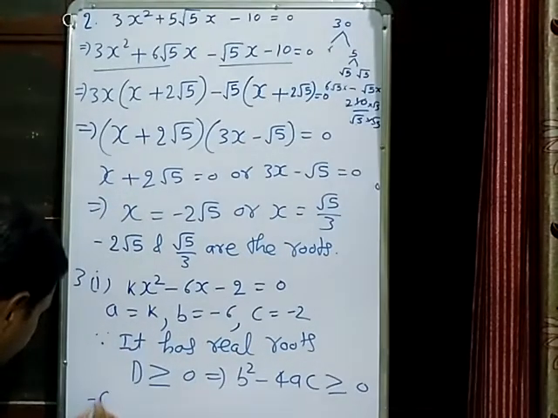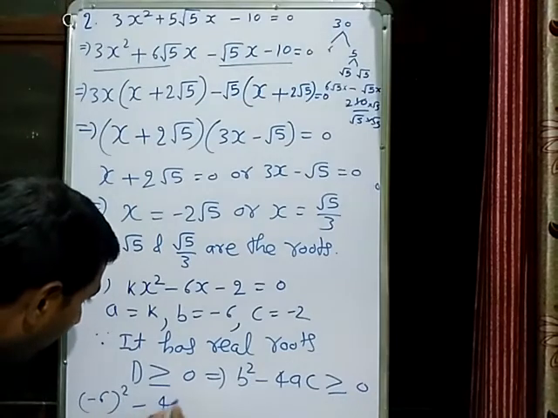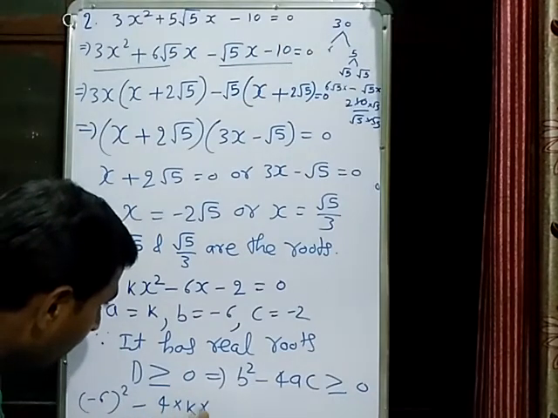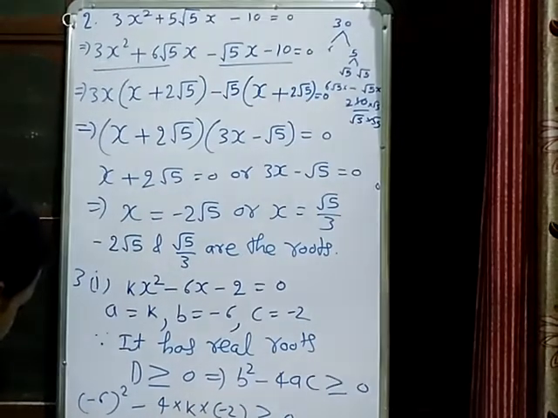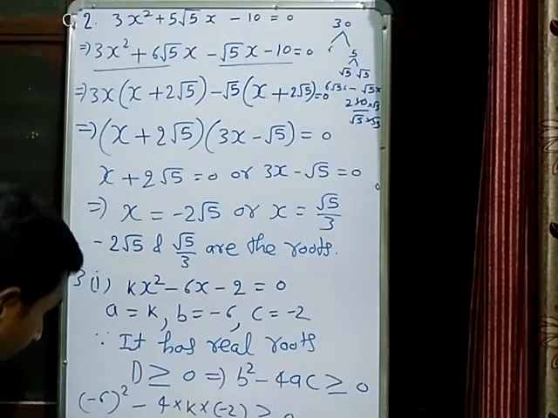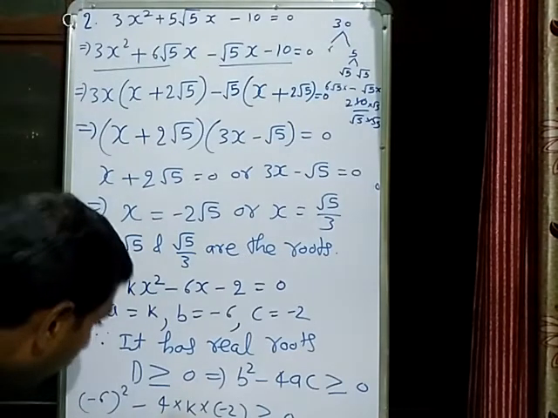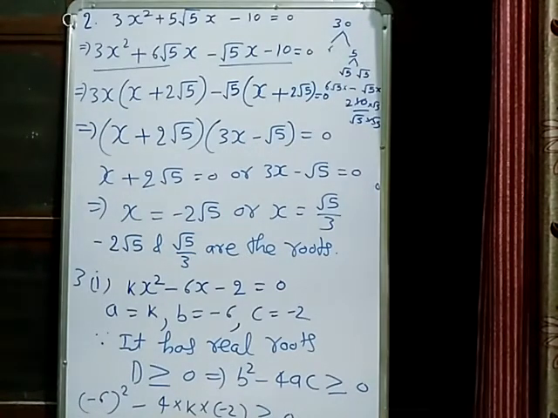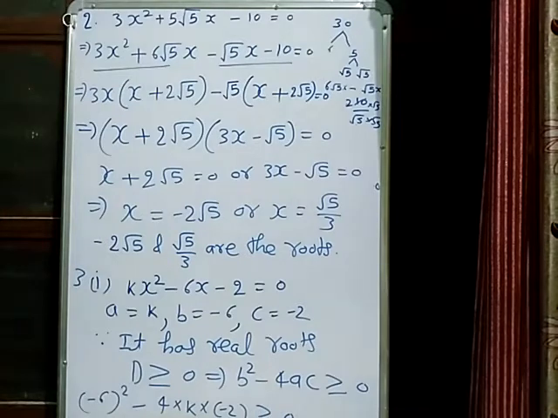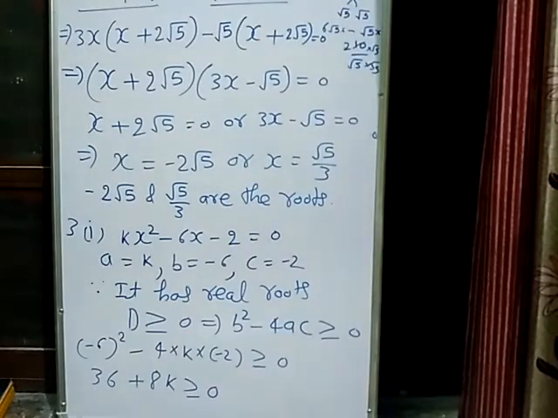So put it: minus 6 square minus 4, a is k, into c, c is minus 2, should be greater than or equal to 0. So that is 36 plus 8k should be greater than or equal to 0.